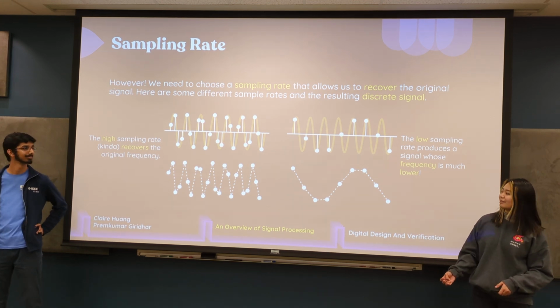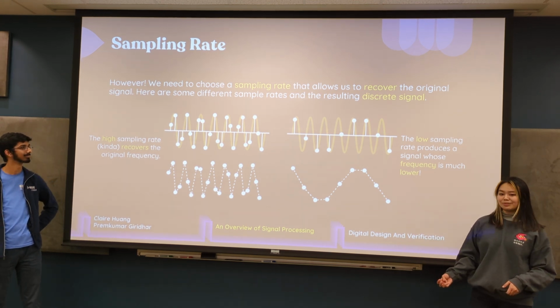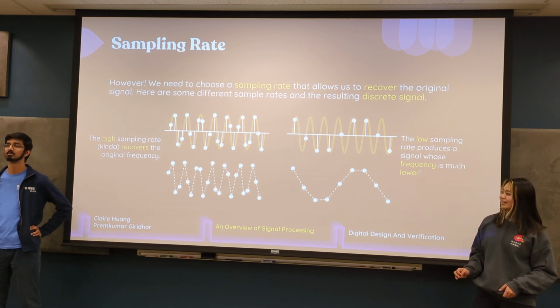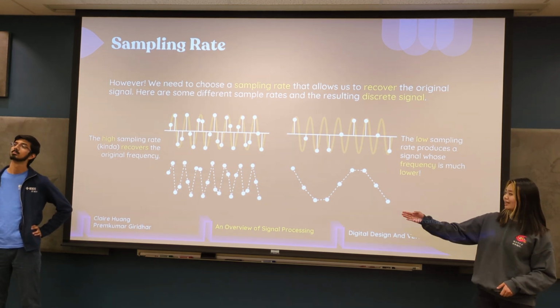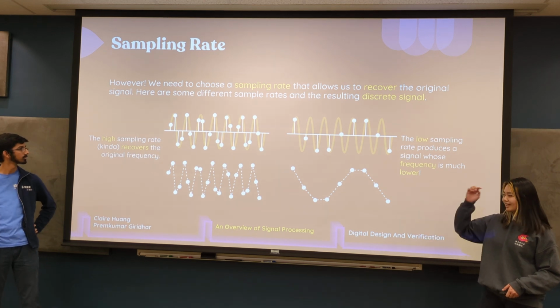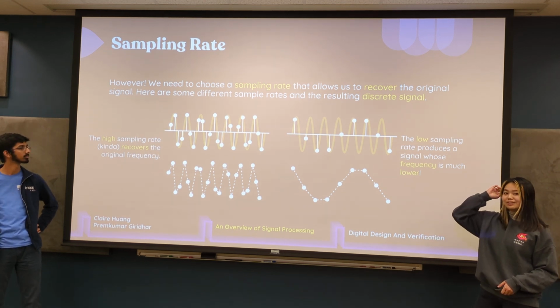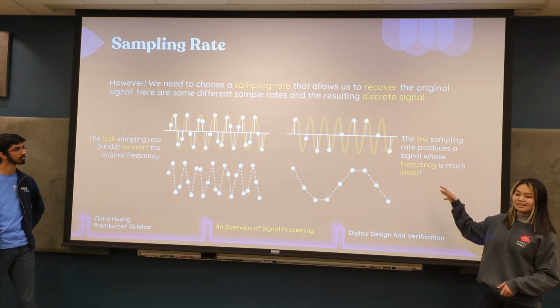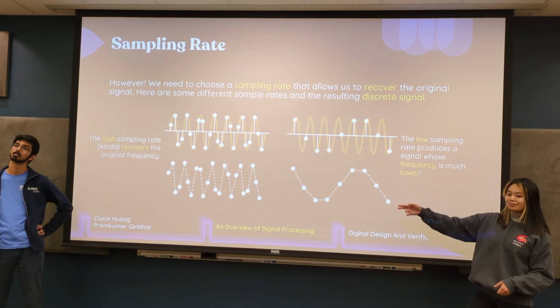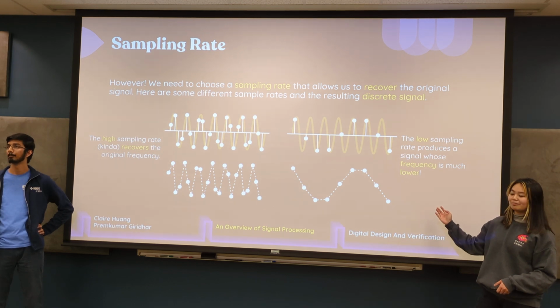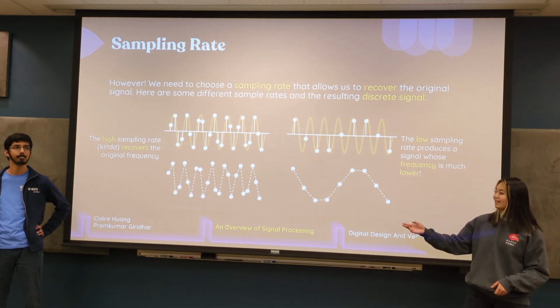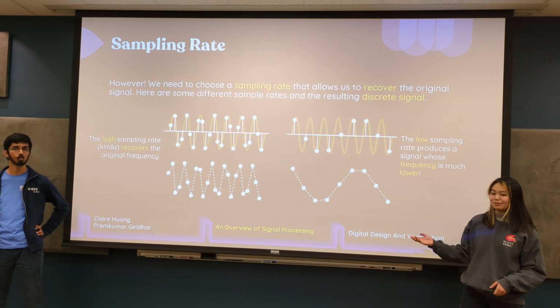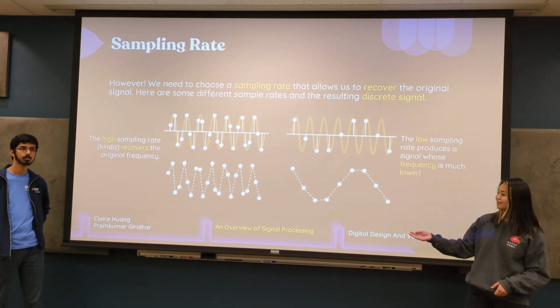There's actually a rule for that, but here's what happens if you don't sample at a correct frequency. You'll see on the left that we sample at a higher rate, which means we take more samples per period of time than on the right. So on the left we have more points than the right, and we can kind of see the original signal.